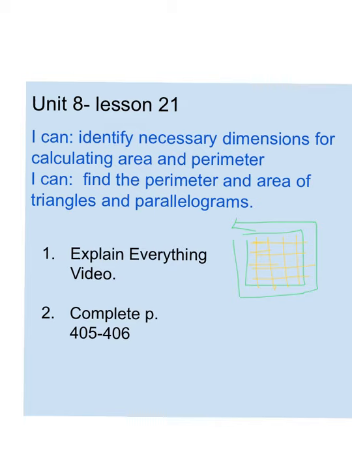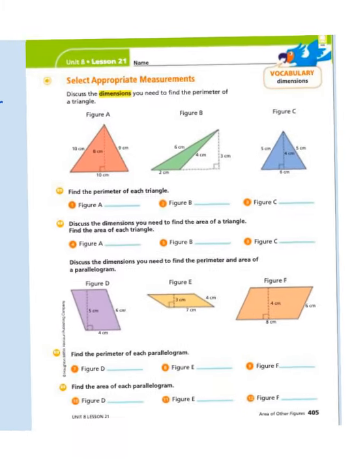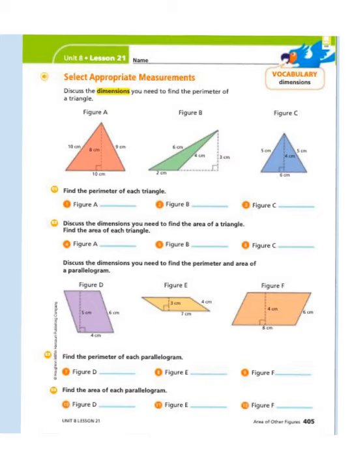So you're obviously watching the Explain Everything video, and your job for today is to complete page 405 and 406. So here is page 405, and what they're asking you to do to start with, it says select appropriate measurements.